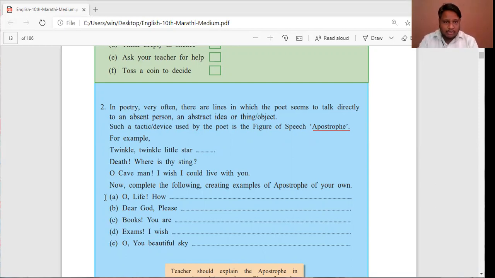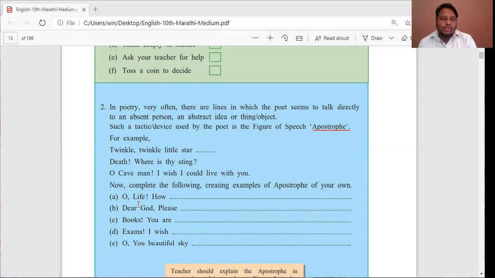Now there are 5 incomplete sentences, and using our own ideas we have to complete them. Complete the following, creating examples of apostrophe of your own. We have to complete them as examples of the apostrophe figure of speech.